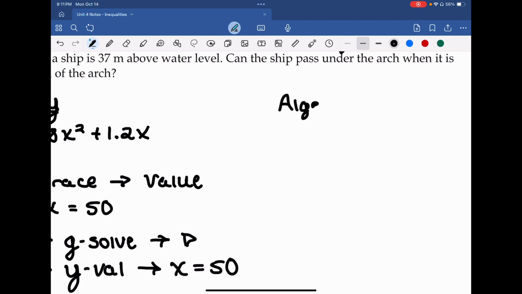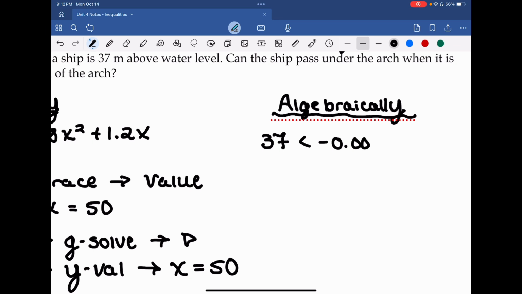So algebraically, there we go. We're going to underline this. To do this algebraically, the y value is 37. That's the desired height, or that's the mast height, the tallest mast going underneath. This must be less than whatever the bridge height is.